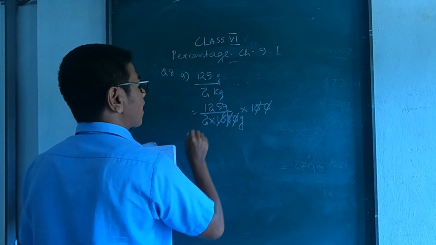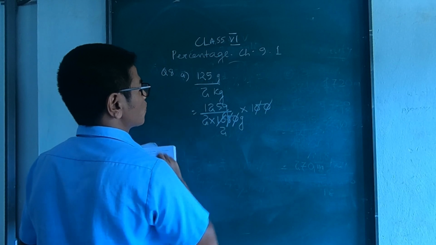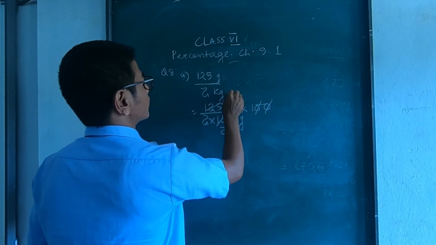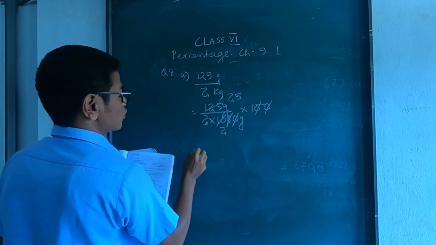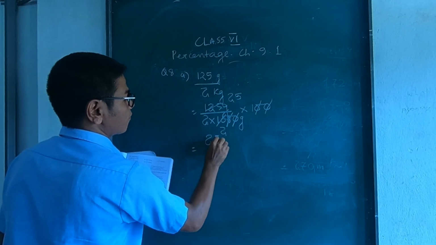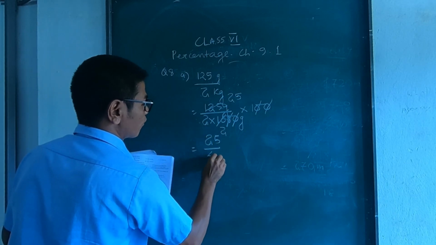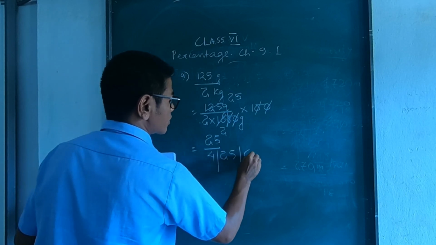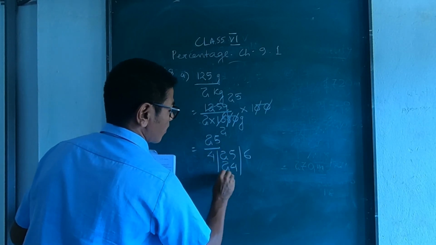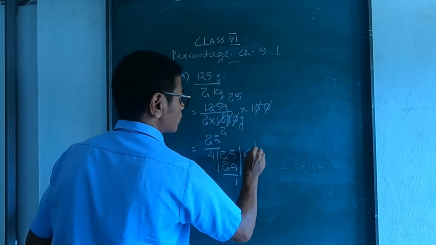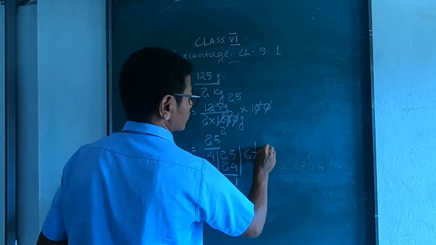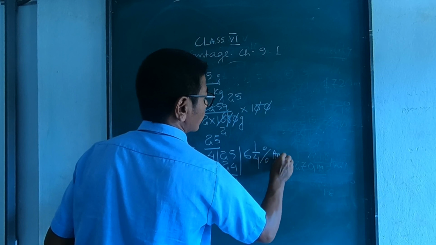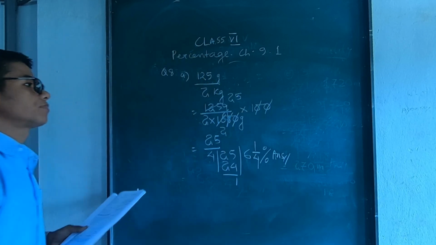So we take 5, 5, 2, 5, 25. So we see 25 by 2, 2 fours are 8. You divide it: 25 by 4, 6 fours are 24, remainder is 1, so 6 1/4% is the required answer.